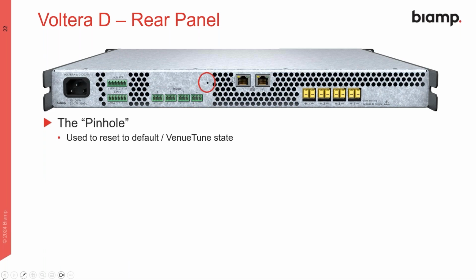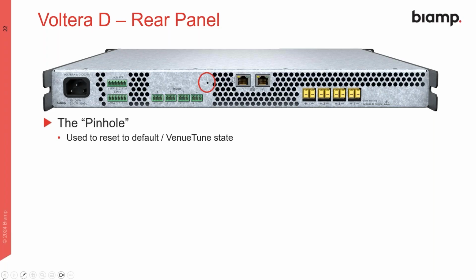The pinhole, we get asked about this occasionally. The pinhole is basically used to reset the amplifier to the default VenueTune state. You hold it in for about 20 seconds, and it'll fully reset the amplifier to its nominal out-of-the-box state.